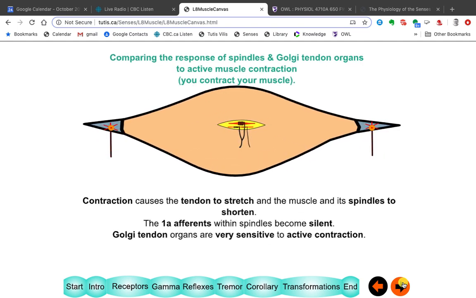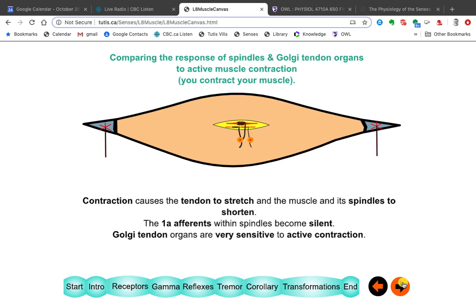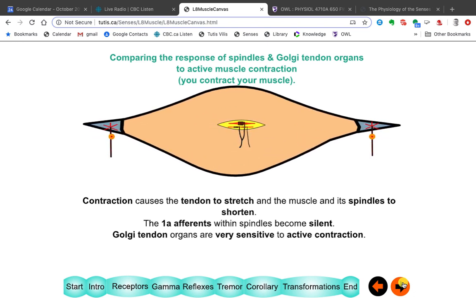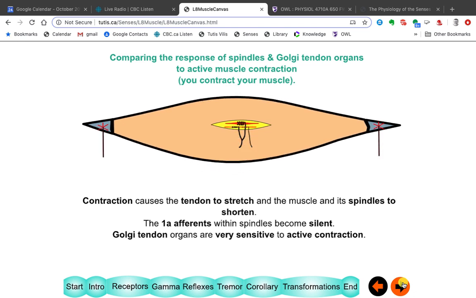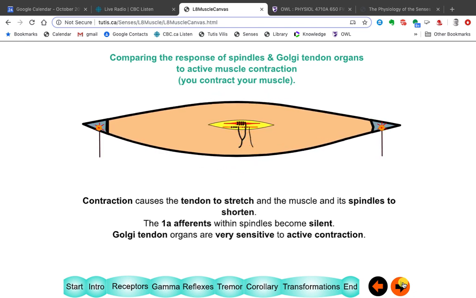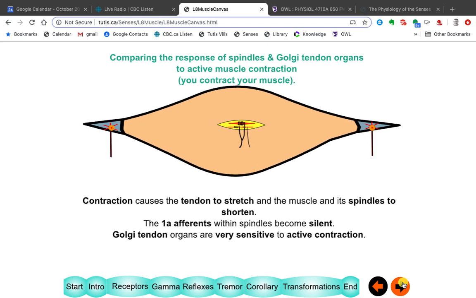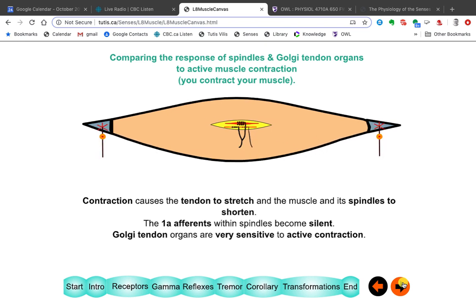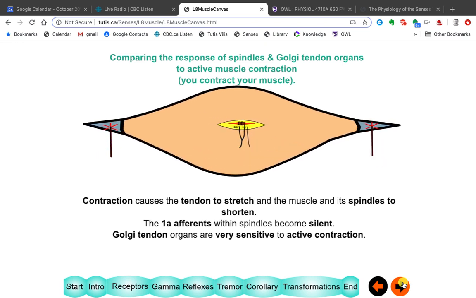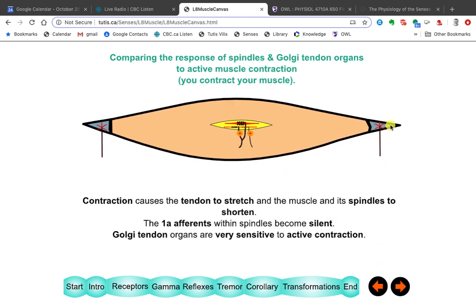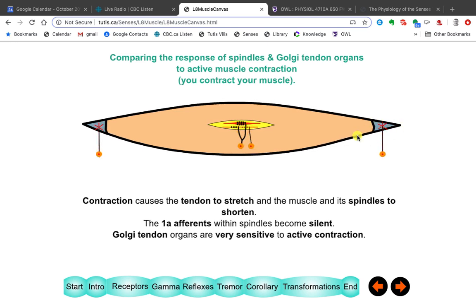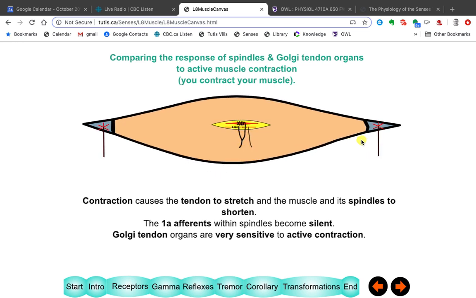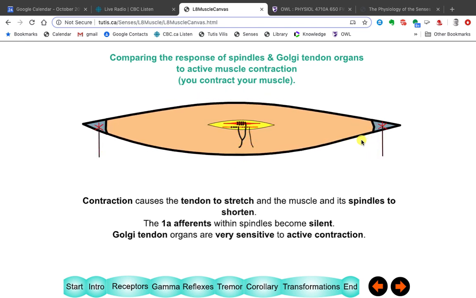Now, if instead you do an active contraction, for example, if you put your hand under the table and then pull your hand up, again, if we're considering this muscle as the biceps, as it contracts, its middle gets wider, but it stretches the Golgi tendon, and its activity increases sharply.